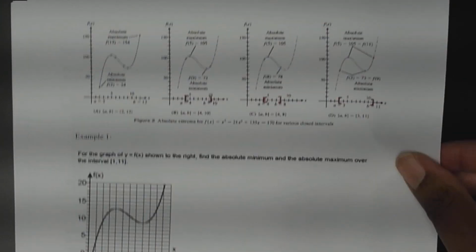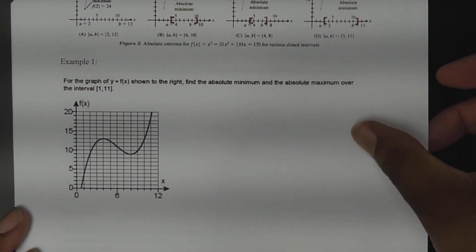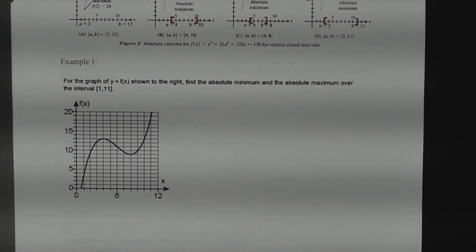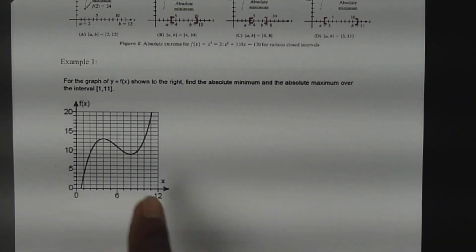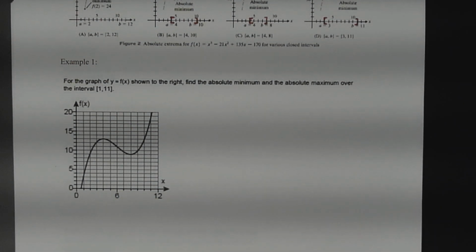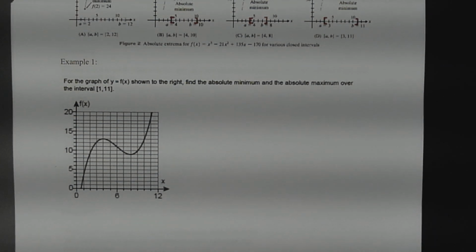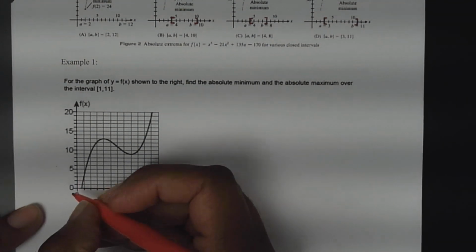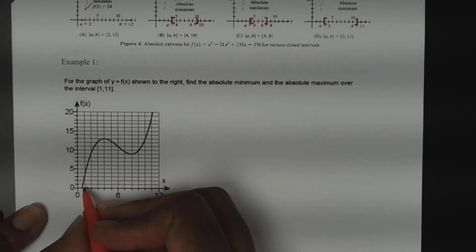So here are some examples of this. Starting with example 1. For the graph of y equals f of x shown here, we're going to find the absolute minimum and the absolute maximum over the interval 1 to 11. So we're looking at the x-axis here.